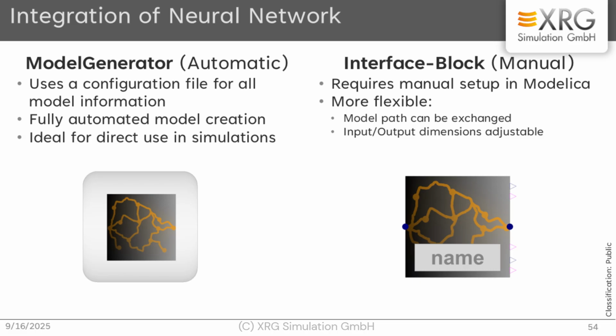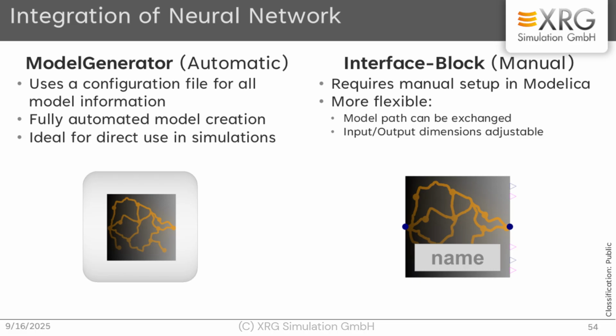Yeah. So the next step would be to bring these results back to Modelica. We have two approaches. One is an automatic way using our model generator. The other one is the interface block of the SMArtInt library.